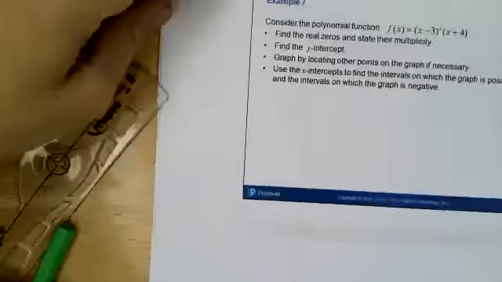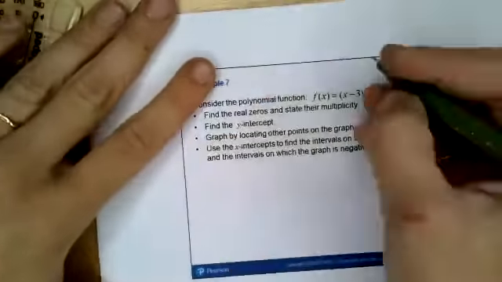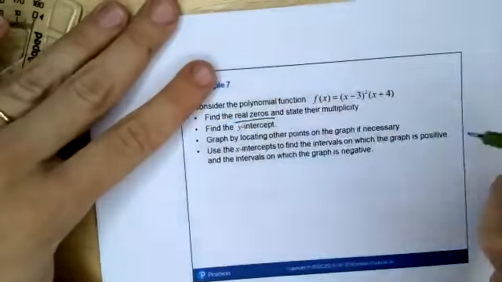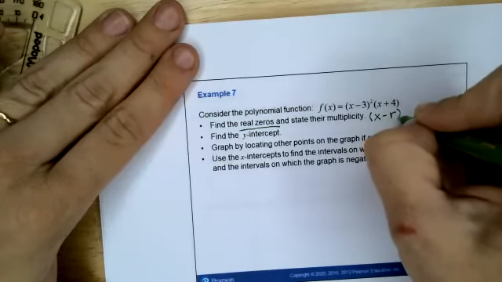Okay, example 7. Consider the polynomial function f of x equals x minus 3 squared times x plus 4. Find the real zeros. State their multiplicity. A real zero in factored form is going to be x minus that r, right?